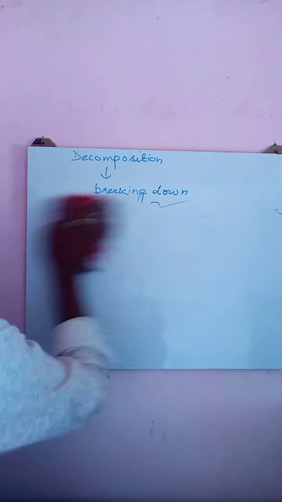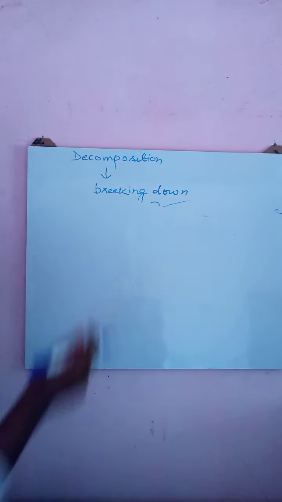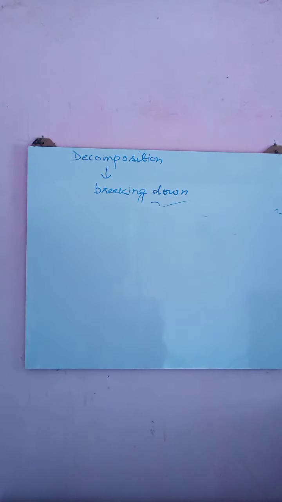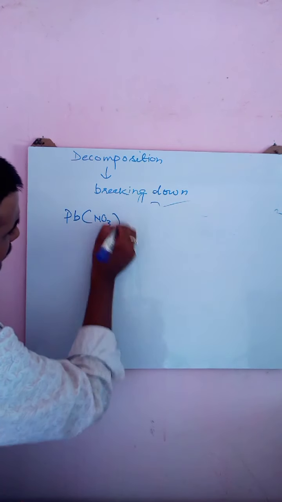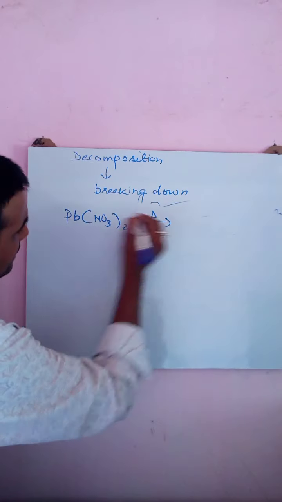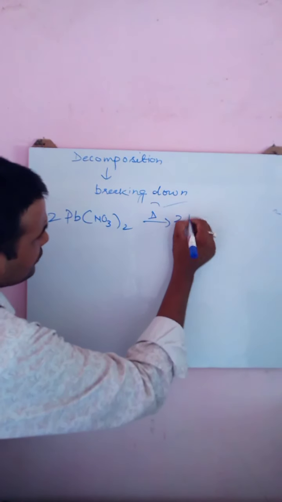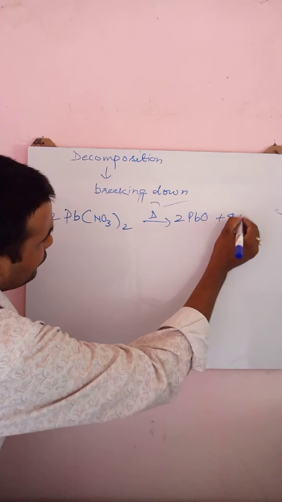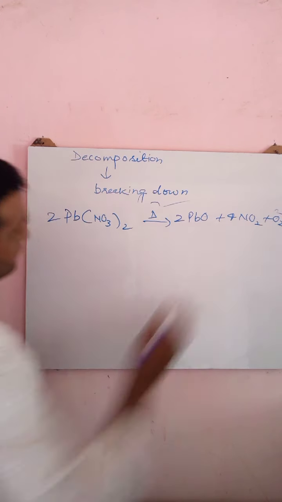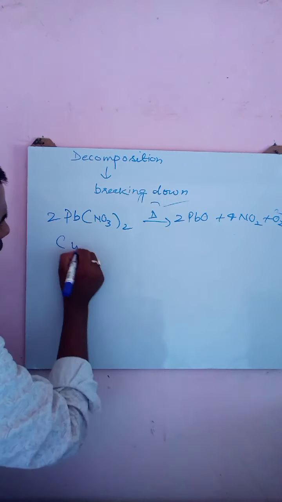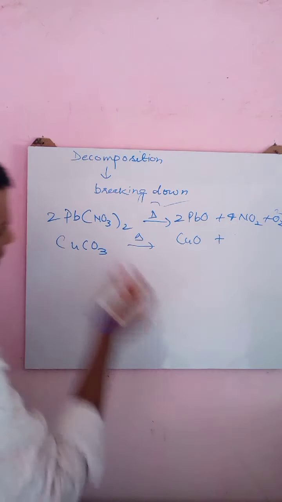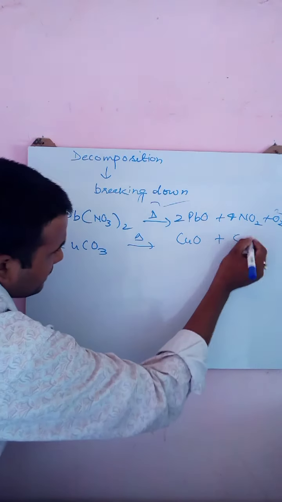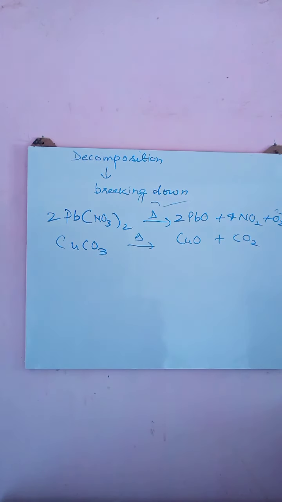Example of thermal decomposition: just before, I gave calcium carbonate undergoes decomposition to form CaO plus CO2. Lead nitrate, Pb(NO3)2, undergoes decomposition in the presence of heat energy to form 2PbO plus 4NO2 plus O2. Copper carbonate undergoes decomposition in the presence of heat energy to form copper oxide, a black colour residue, and CO2 gas.